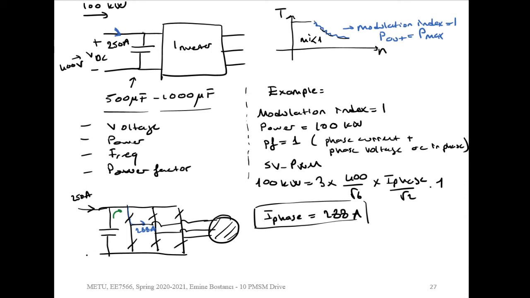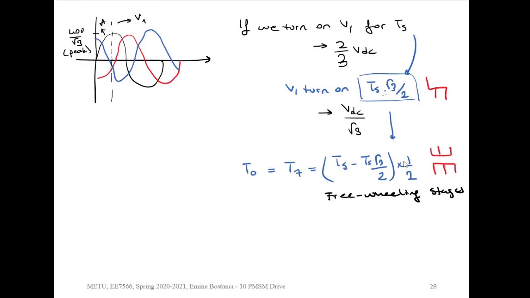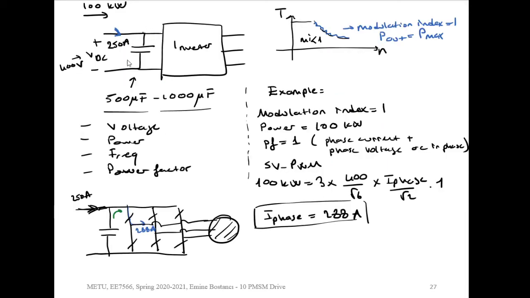So the surplus current is going to be asked from the DC link, and then the DC link is going to be filled by the battery system during the freewheeling stages. How you calculate the current coming from the DC link is a more detailed topic. We would like to make sure that our DC link voltage is not fluctuating a lot, so it is more or less constant.